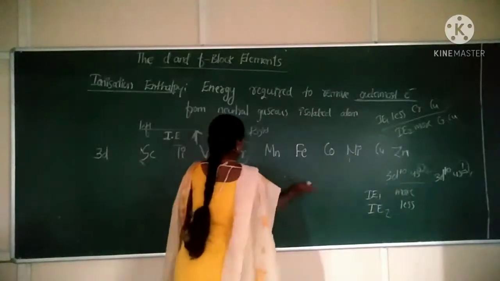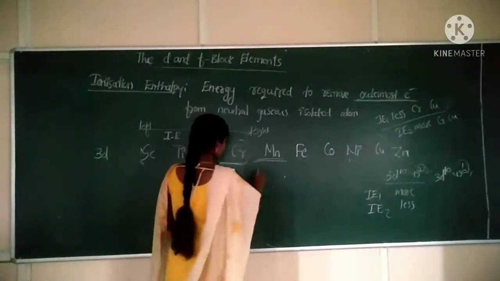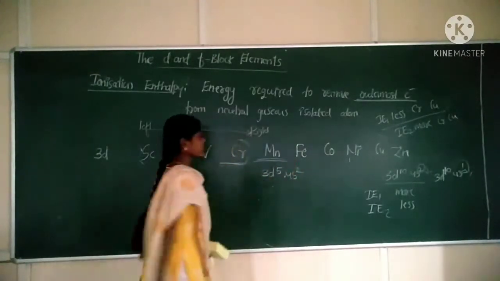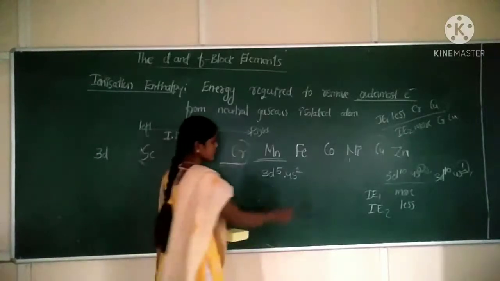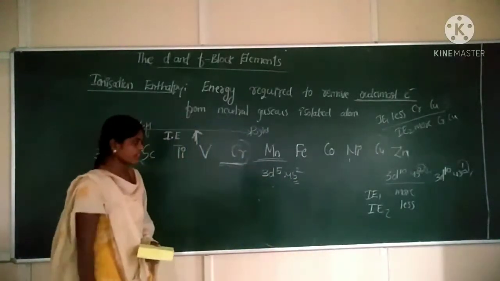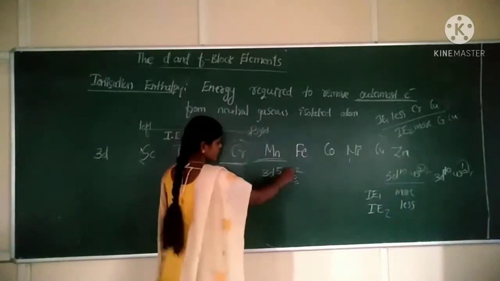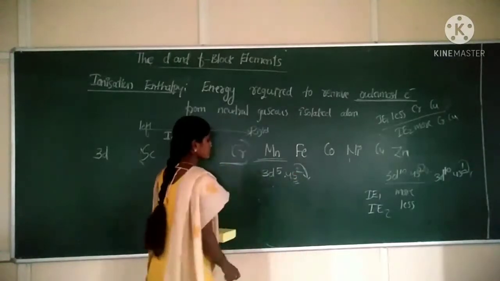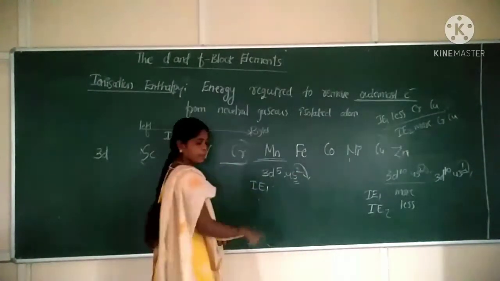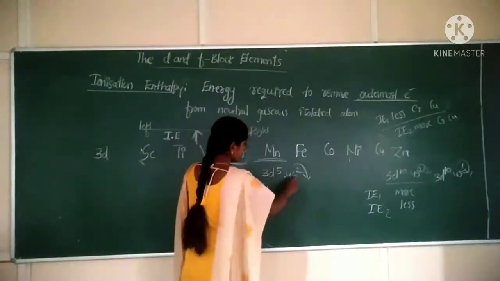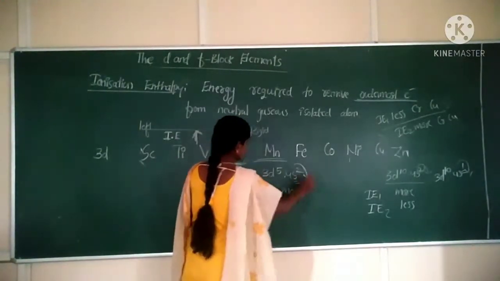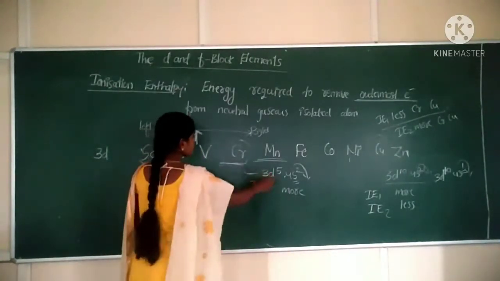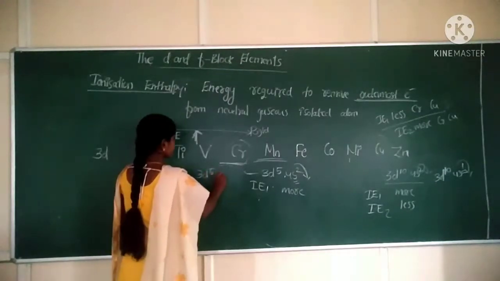Now, in the case of manganese, the configuration is 3d5 4s2. Again, the first ionization enthalpy will be more, because the electron is to be removed from a paired set. Now if you compare the second ionization enthalpy, once you have removed the electron, the remaining configuration is 3d5 4s1.